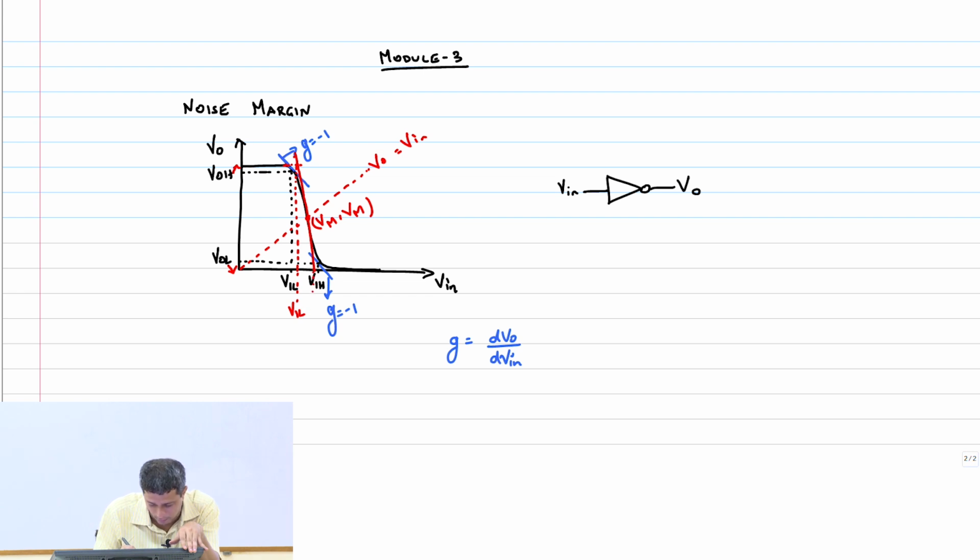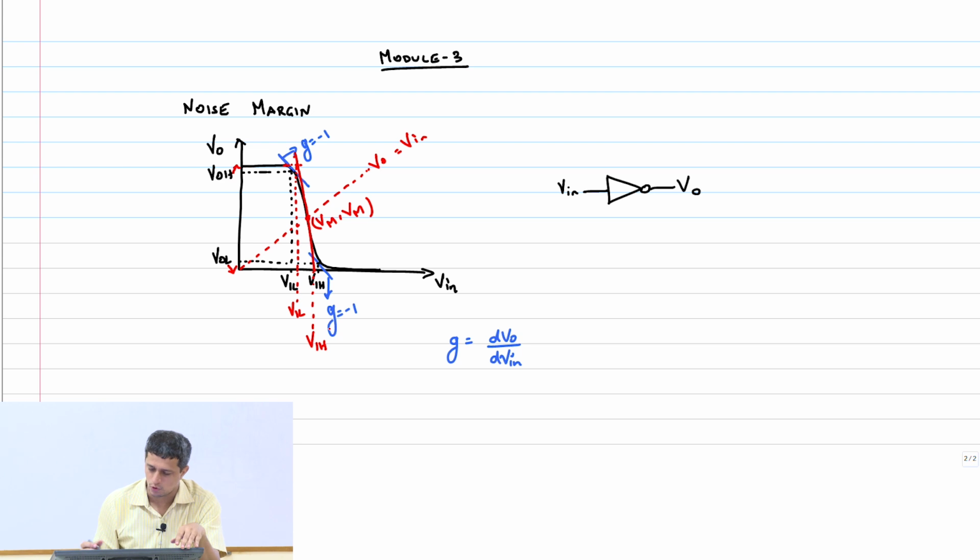Similarly, this particular point we would call VIH. Of course, there will be slight error, but it's a very reasonable error. Within 5% or so, we get the answer, right? This is the basic idea, because the expressions are complex. You can always try to derive it, but it's just going to get very cumbersome.